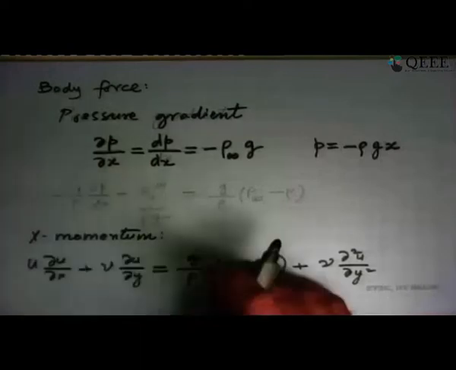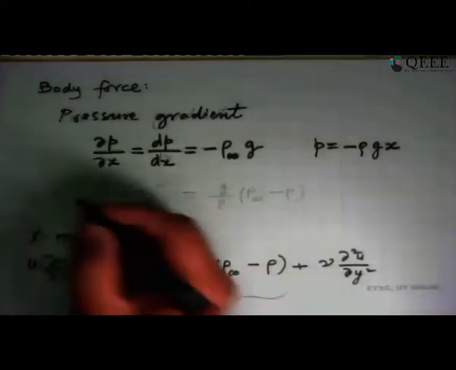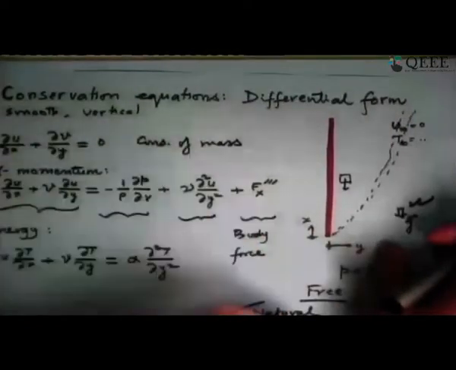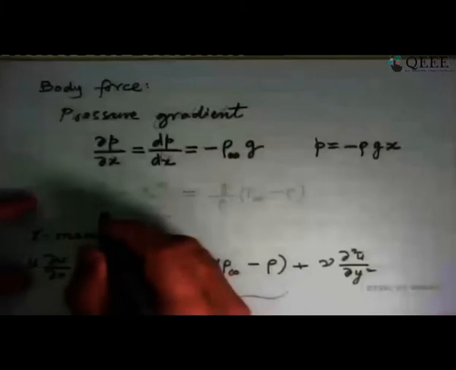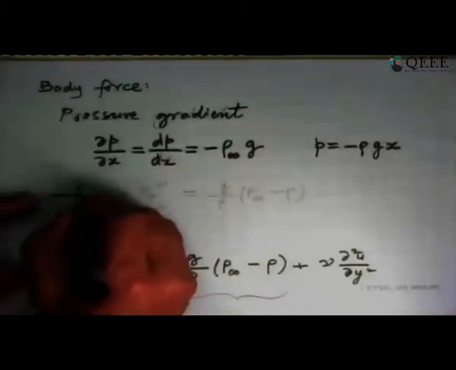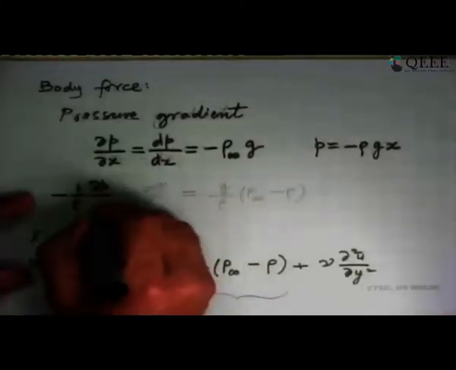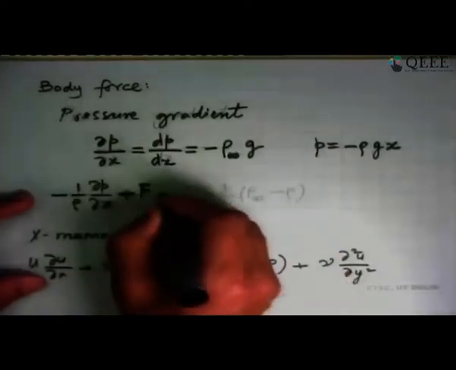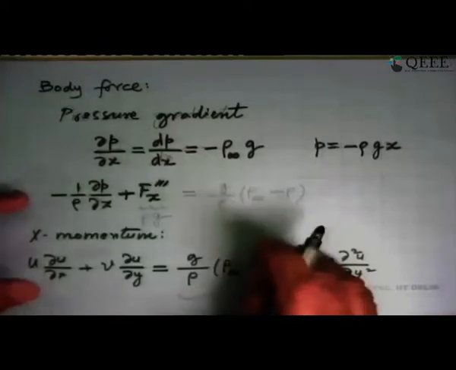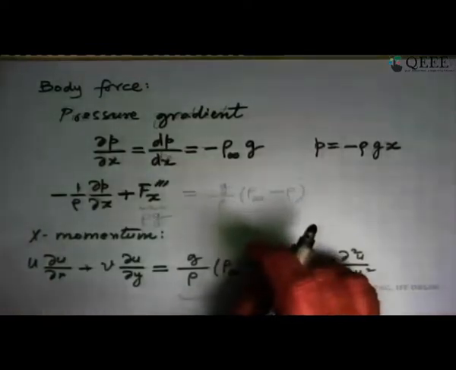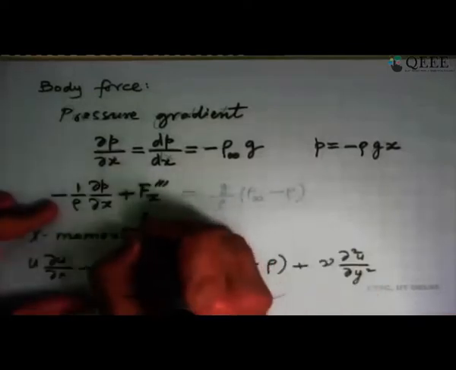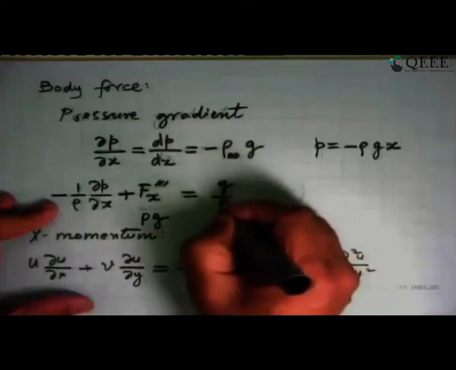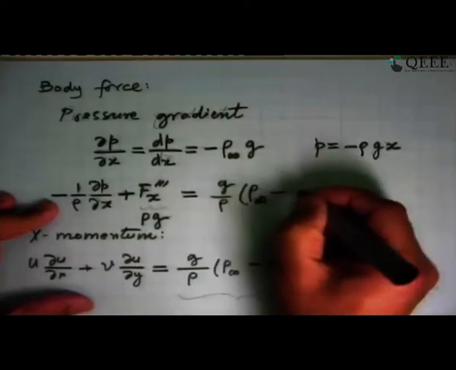And now we combine this with the body force term. In that equation, we had these two terms, so let's pick up these two terms and do a little simplification. The first term was minus 1/rho dP/dx, which we got as minus rho infinity G. And what is the body force acting on that element? It is nothing but mg, rho density into this volume, so that is just rho G. If you combine these two, this becomes G/rho times (rho infinity minus rho).